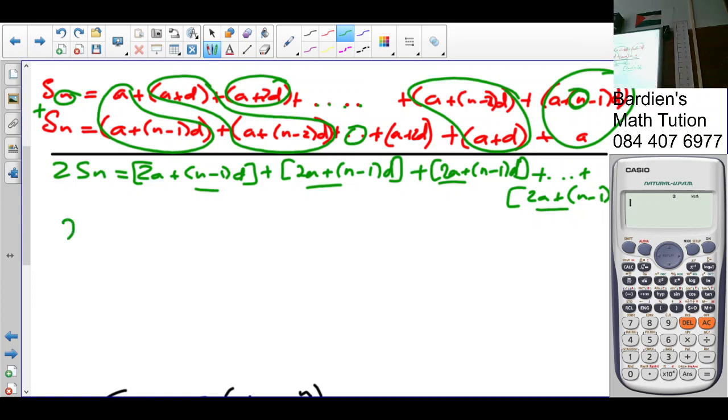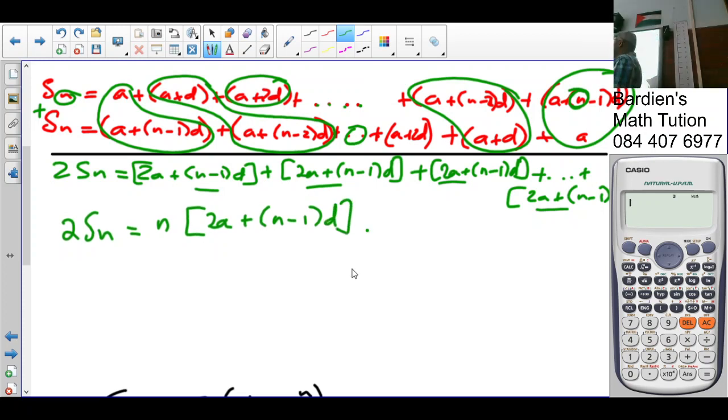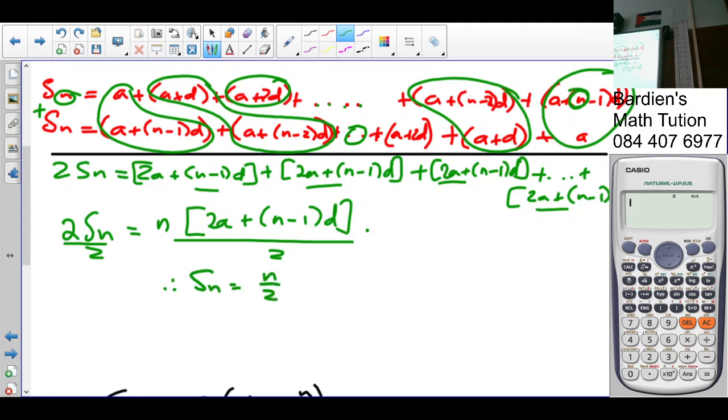So in other words, 2Sn is equal to n times 2a plus (n minus 1)d. But what was the question? To prove Sn or 2Sn? Sn. So what do I do? Divide by 2 throughout. Therefore, Sn is equal to n over 2 into [2a plus (n minus 1)d].